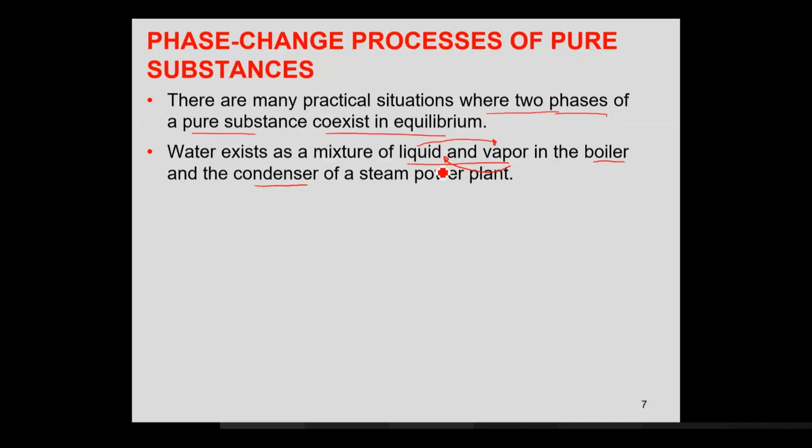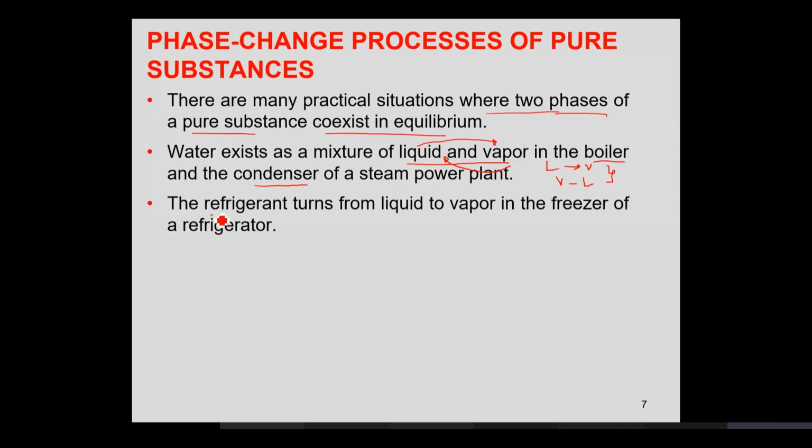This liquid-to-vapor and vapor-to-liquid transformation is very common in many equipment that involve thermodynamic principles. Another example is the refrigerant that circulates in the freezer compartment. The refrigerant turns from liquid to vapor as it extracts heat from the components. Is this point clear to you?